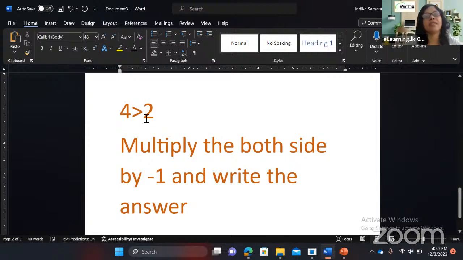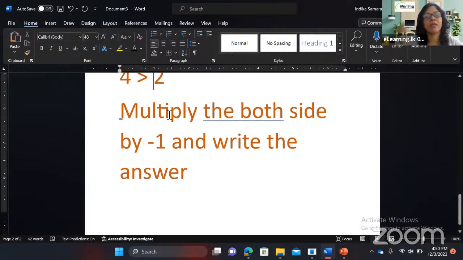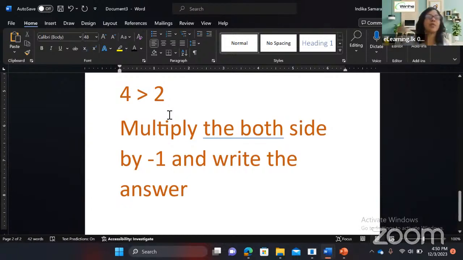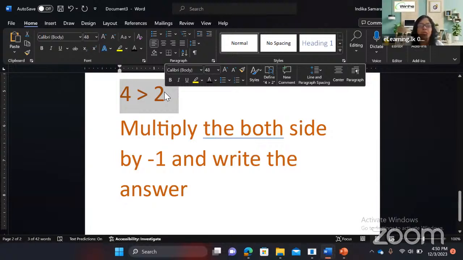So what is the answer when you multiply both sides by -1?